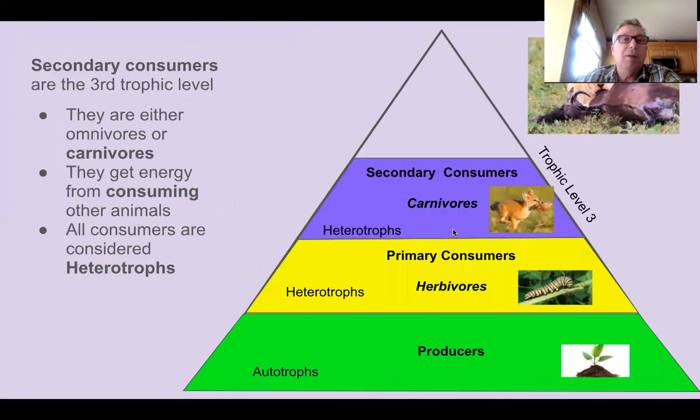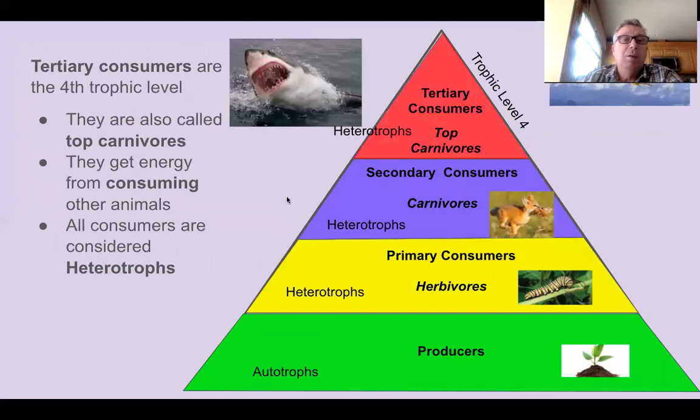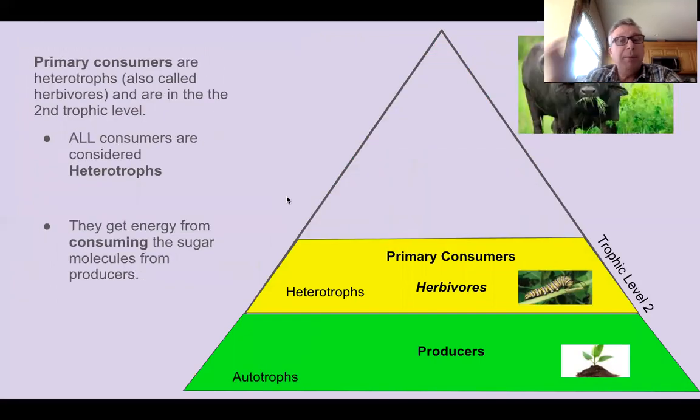So now we're going to talk about the primary consumers. These are the organisms that eat the producers. All right, they're called heterotrophs. Hetero meaning different. So they need to get their sugars or nutrition by eating something else. And those are in the second trophic level, number 2.